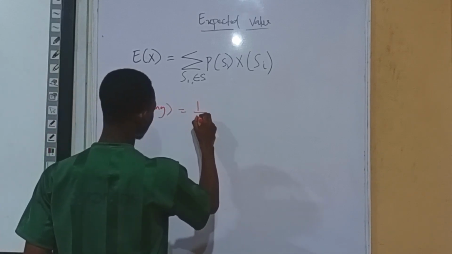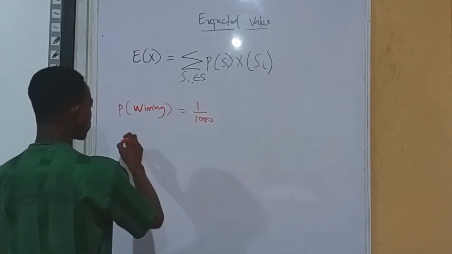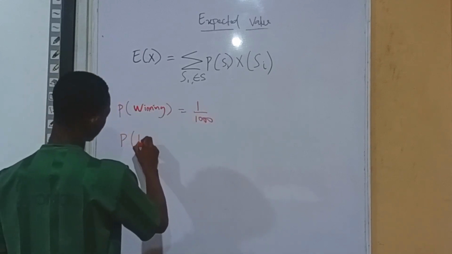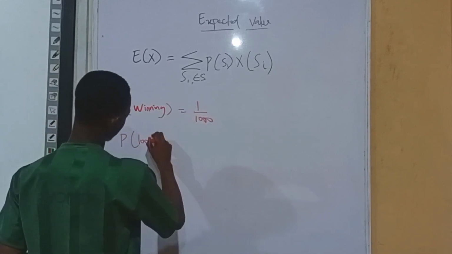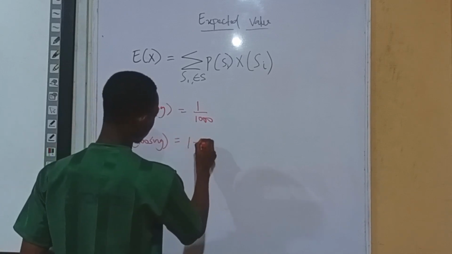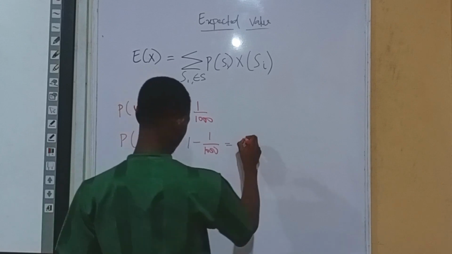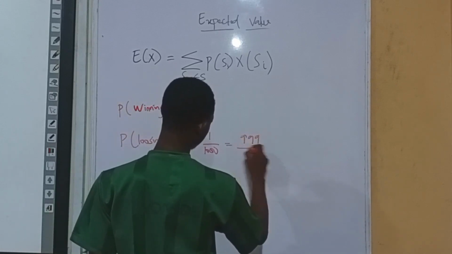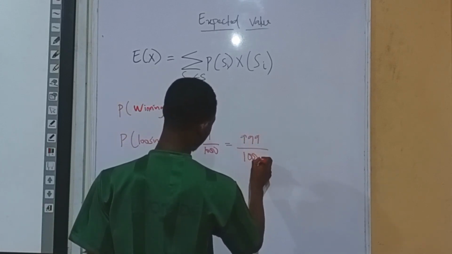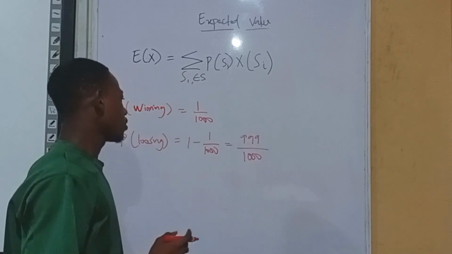If the probability of winning is 1 divided by 1,000, that means the probability of losing is 1 minus 1 over 1,000, which is equal to 999 divided by 1,000. Is that correct?